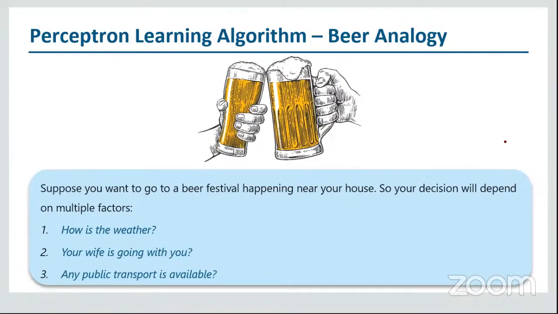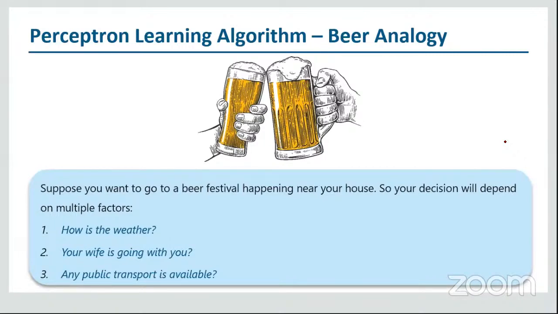Assume there is a beer festival near your house. There is a beer festival happening near your house and you want to go to the beer festival. Now there are three main factors which will help you decide whether to go to the beer festival or not. What are those factors? Let's see.